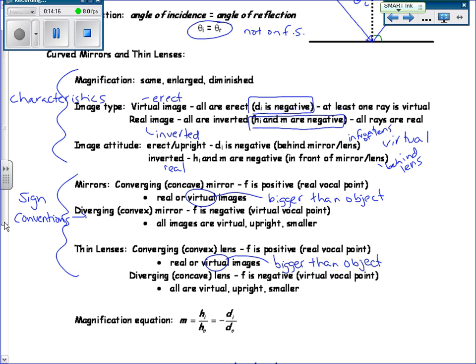I'm pretty sure for mirrors they use concave and convex, and for lenses they use converging and diverging. I just want to double check that I have that right.